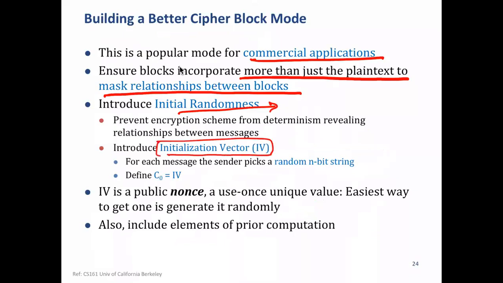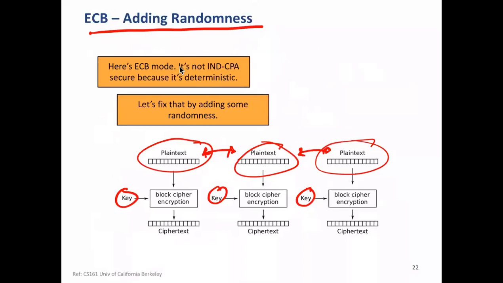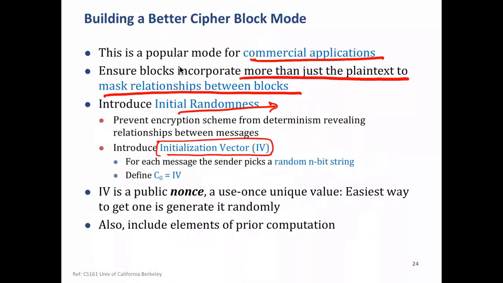For the first block we have the initialization vector, which we call C0, where C of course stands for ciphertext. So we define C0 as the IV, the initialization vector, and this randomness that we are adding to the input is randomly generated, or is like a nonce.